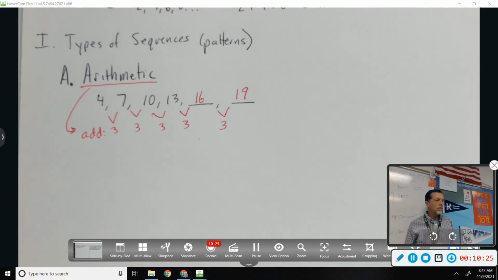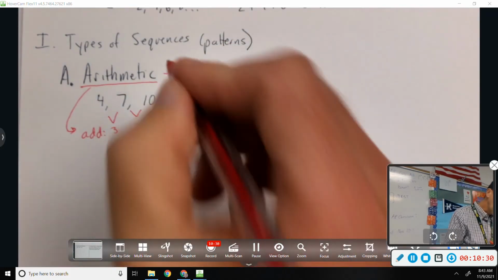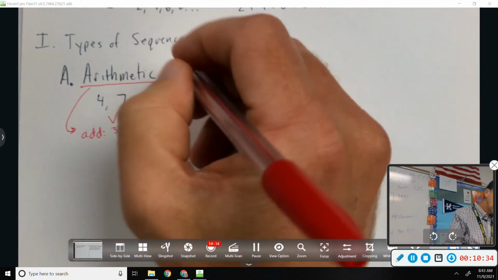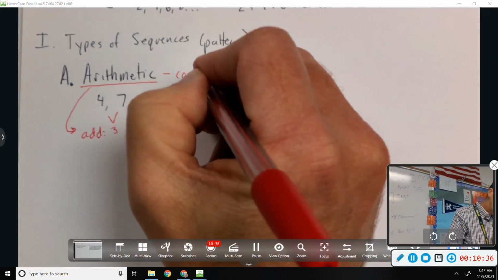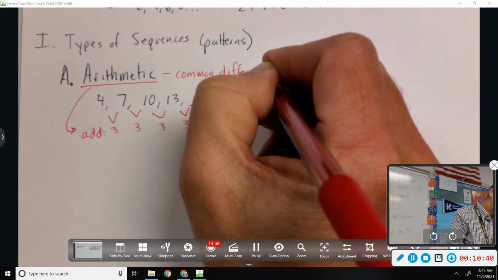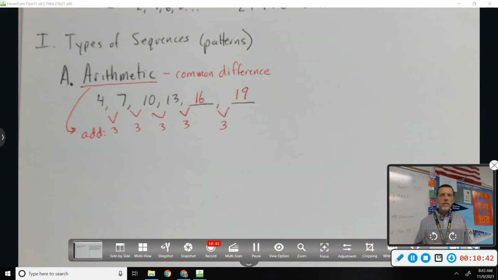So we're adding 3 each time. Another word that we'll use a whole lot on Thursday is that they have a common difference. That's a little bit weird because what does difference mean? Not dividing, it's subtraction. So we're saying add and subtract. You can add one way and subtract the other.